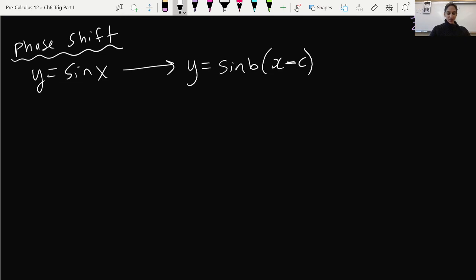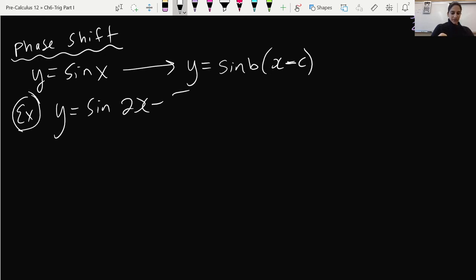So let's take a look at a specific example of what this might look like. If we want to take a look at the impact of y equals sine of 2x minus pi over 2, whole thing in brackets.